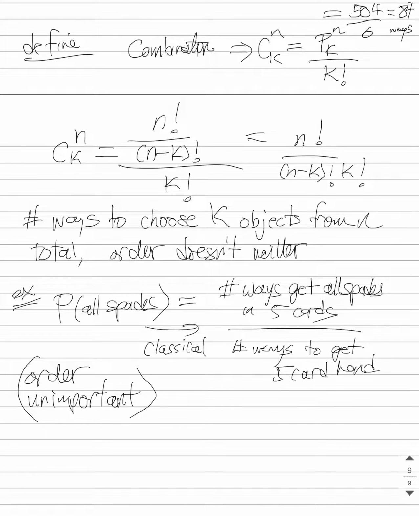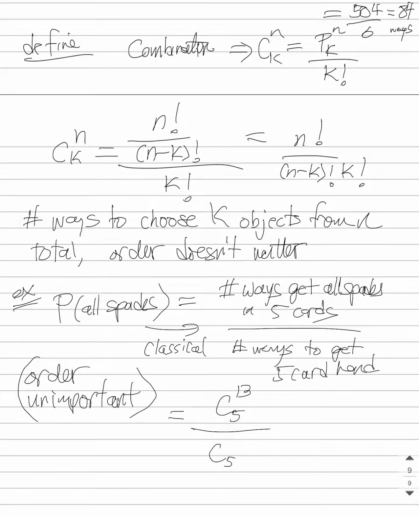And so it will turn out that this probability says, okay, what's the number of all the different ways you can get 5 spade hands, 5 cards of spades in your hand. So these are the desirable outcomes. So this is going to turn out to be 5 out of the 13 spade cards you could have. And what's the number of ways to get different 5-card hands? Again, where the order doesn't matter.